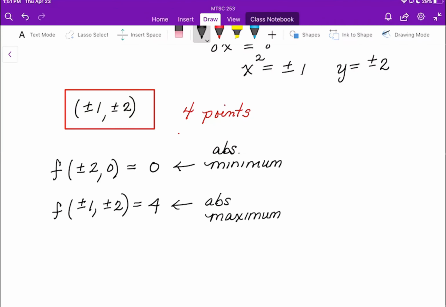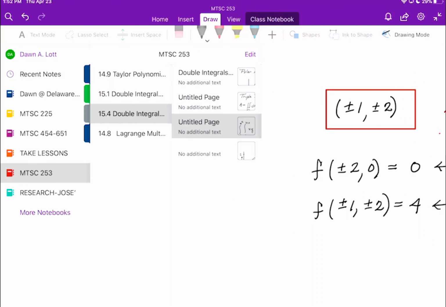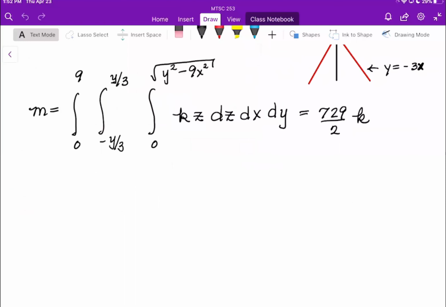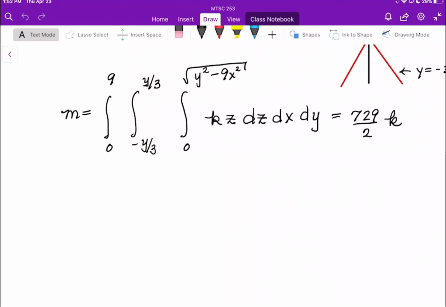Okay. Any other questions? Can we do one of the double integral polar coordinate problems, or like a triple integral one? I mean, it doesn't really matter. Okay, well, I had some more triple integral stuff, but they are not polar. So let me see.